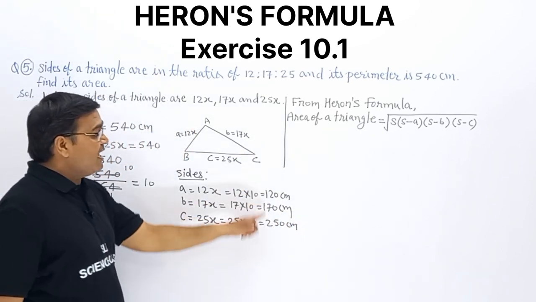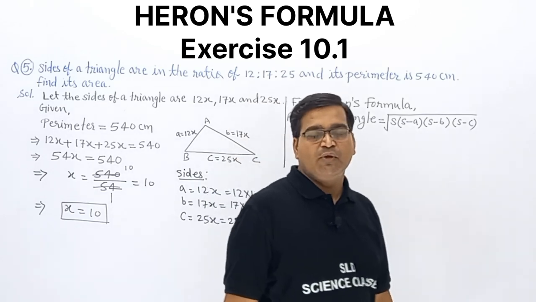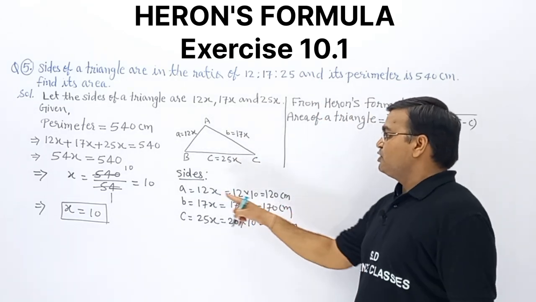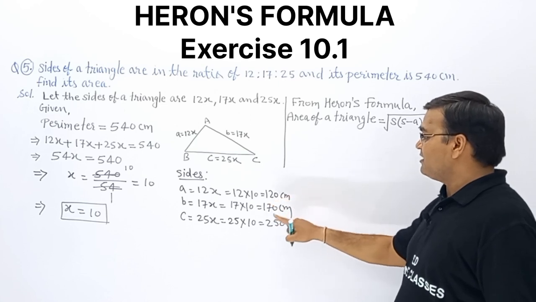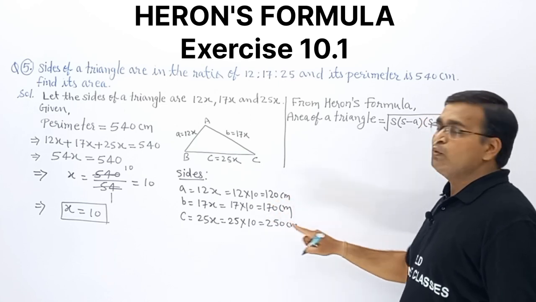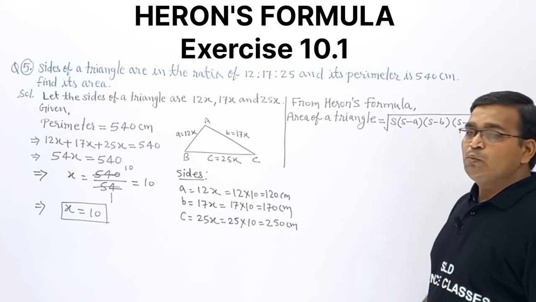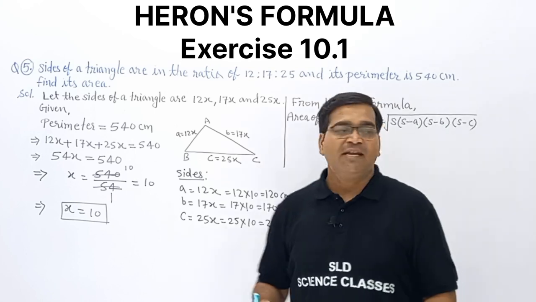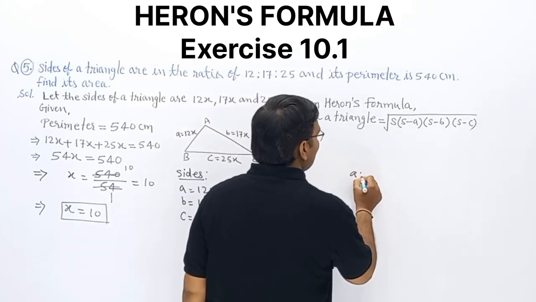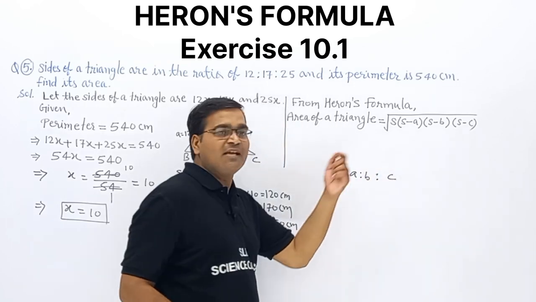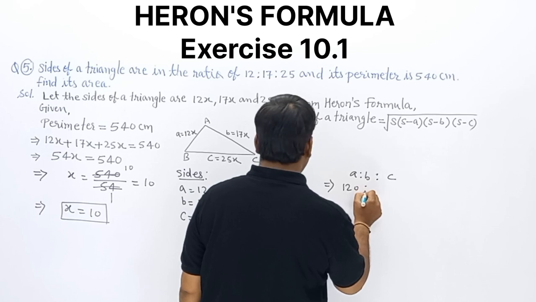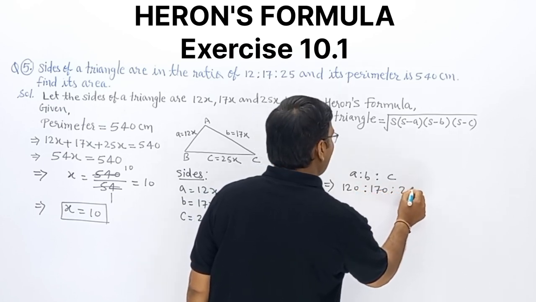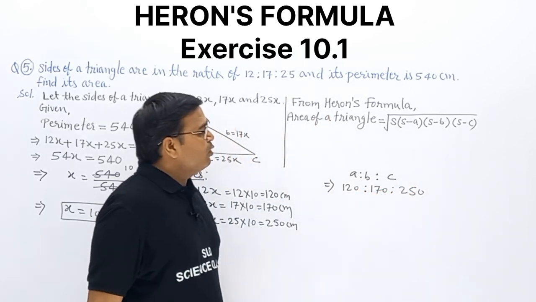Clear? Now these are the exact values. Observe, we have three sides A, B, C. The exact values of the sides are 120 centimeter, 170 centimeter, 250 centimeter. Once we find its ratio, A is to B is to C, we put these values there. So 120 is to 170 is to 250. Simplify.